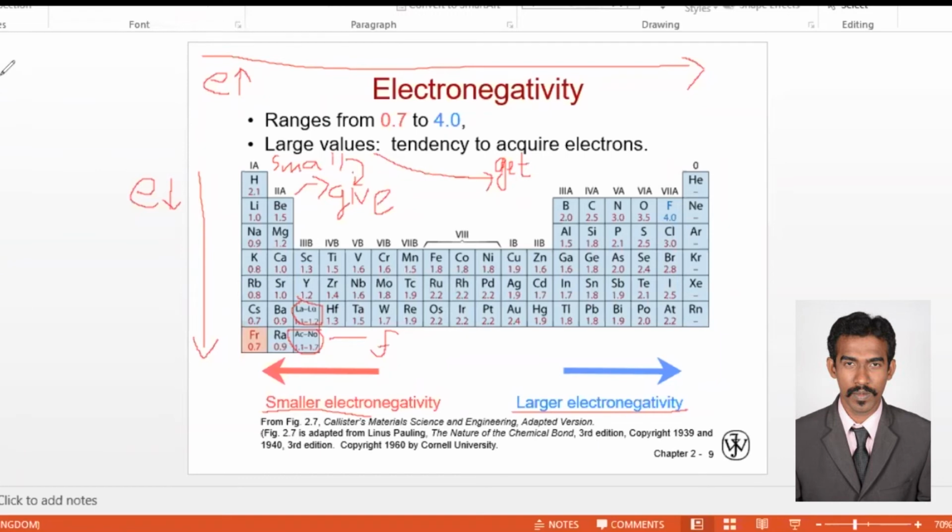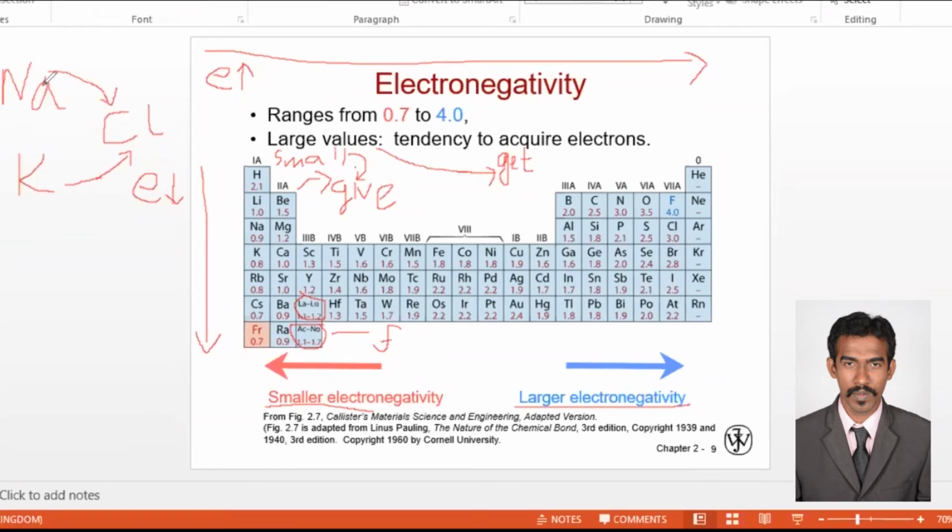So we have one chlorine, but there is a sodium and a potassium. What would be the scenario? If you see the electronegativity values, K is 0.8 and sodium is 0.9, but chlorine has 3.0.